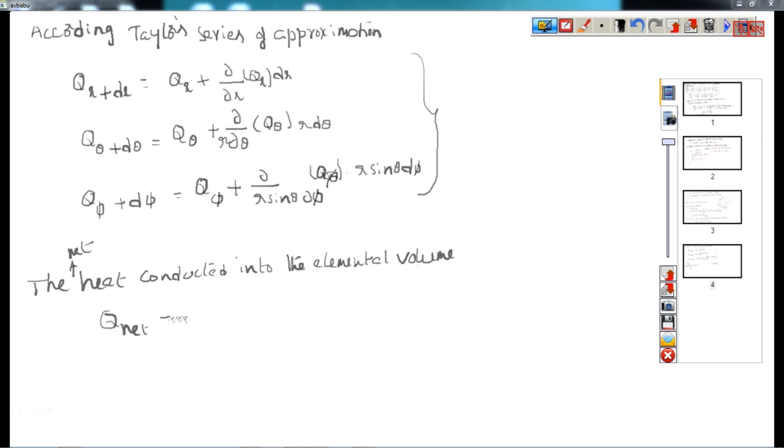We know heat added into the system is positive, heat ejected from the system is negative.